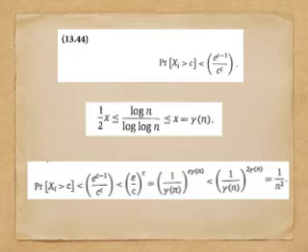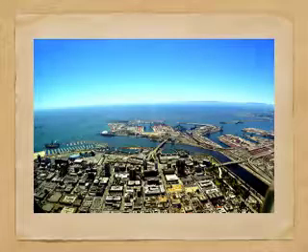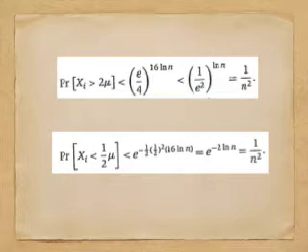Thus, applying the union bound, we have the following. 13.46. When there are n processors and omega of n log n jobs, then with high probability, every processor will have a load between half and twice the average.